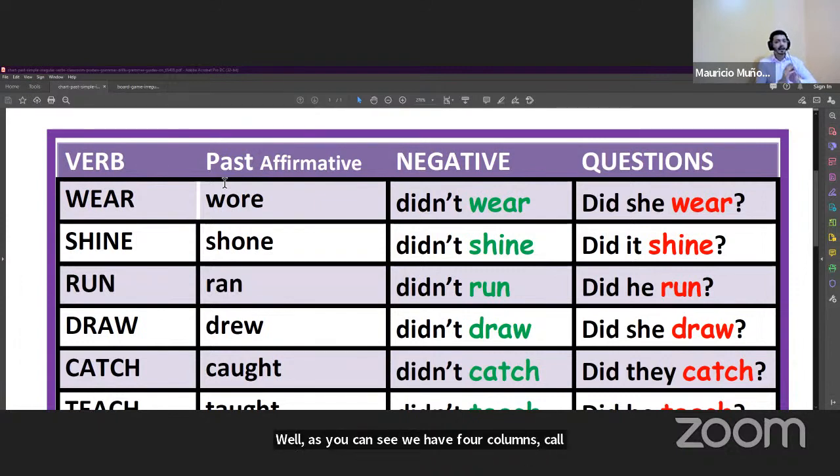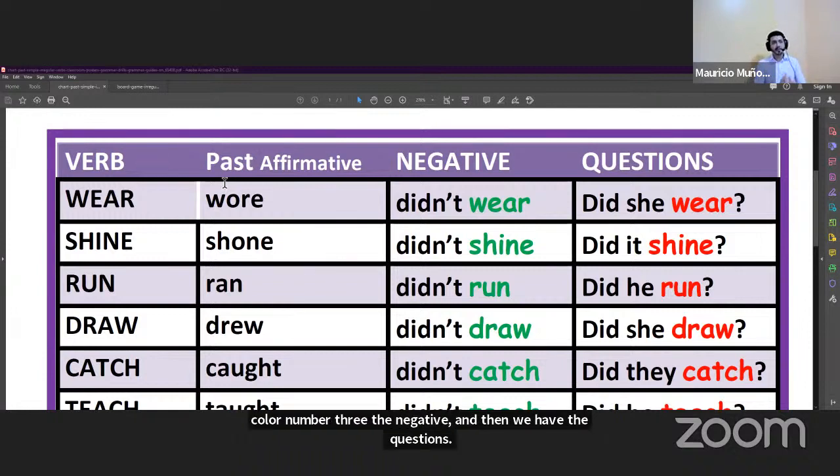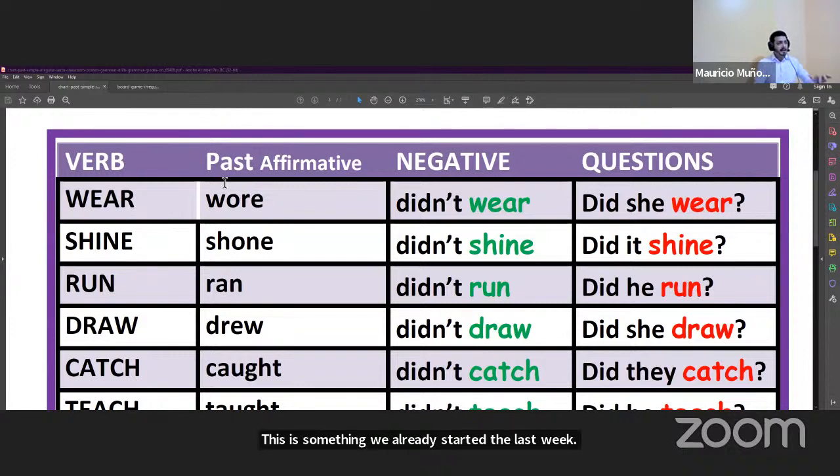As you can see, we have 4 columns. Column number 1, verb. Column number 2, past affirmative. Column number 3, the negative, and then we have the questions. This is something we already studied last week. Column number 1, the verb in present. So we have the verb to wear. The past is wore.